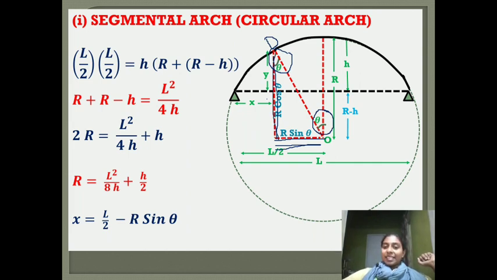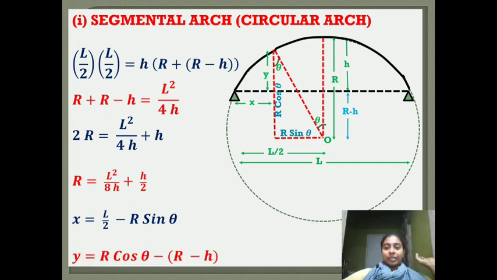So what is x? x will be equal to L by 2 minus r sin theta. This is L by 2, this is L by 2, and this is r sin theta. I will erase the unnecessary lines so that you can see. Okay, now it is easy to understand. So x is equal to L by 2 minus r sin theta.